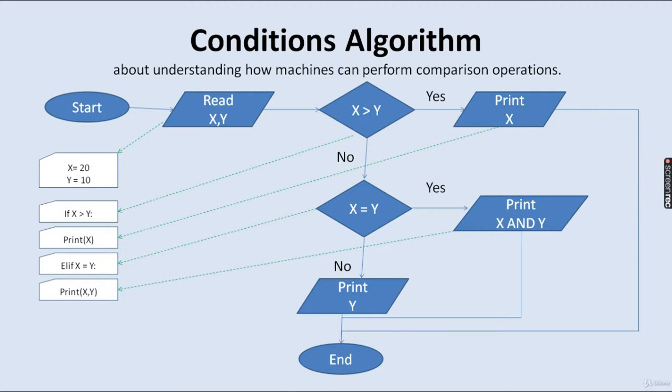And this parallelogram can also be expressed by print x and y. And finally, else is not followed by any condition, which is print y. So this is how we read the condition algorithm and convert it into Python code or any other programming language code.